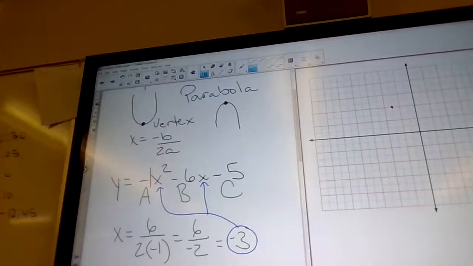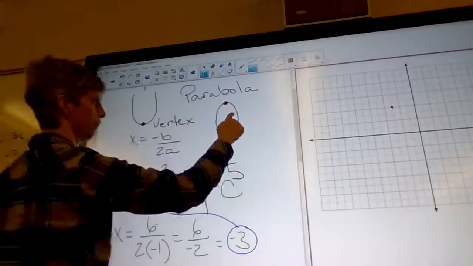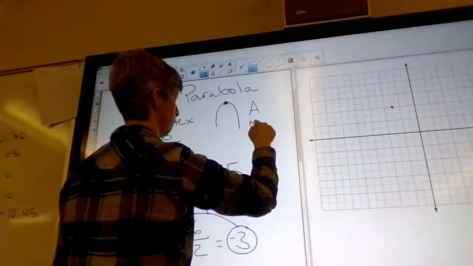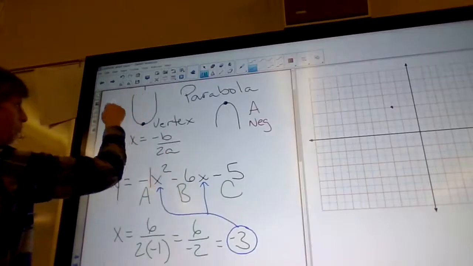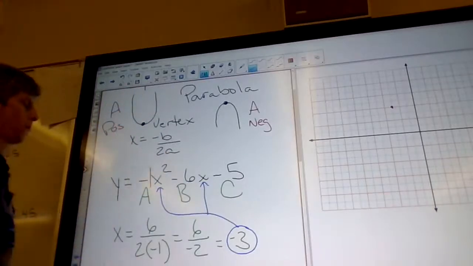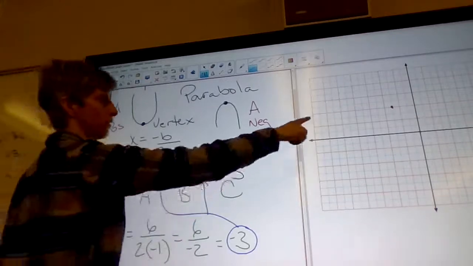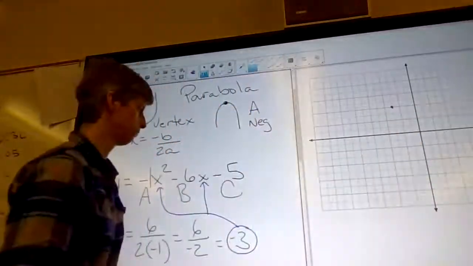If your a is negative, it's going to open downward. If your a is positive, it's going to open upward. My a is negative, so this is going to be the highest point of the graph. It's going to make an upside down U.